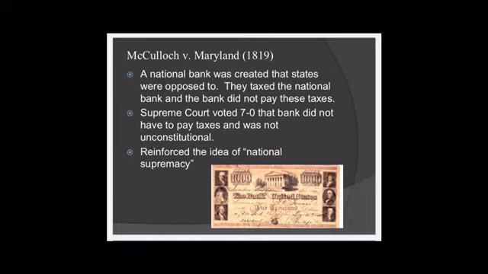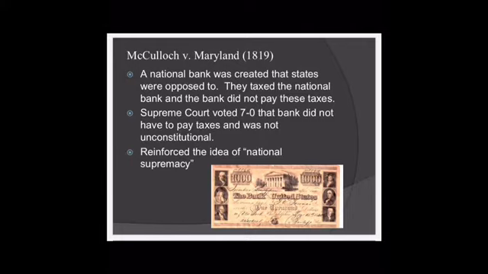It went to the Supreme Court, and the Supreme Court agreed with the national government because the Constitution says that the Constitution is the supreme law of the land. Therefore, the supremacy clause of the Constitution states that the national government's laws will always reign supreme over the state government's laws.